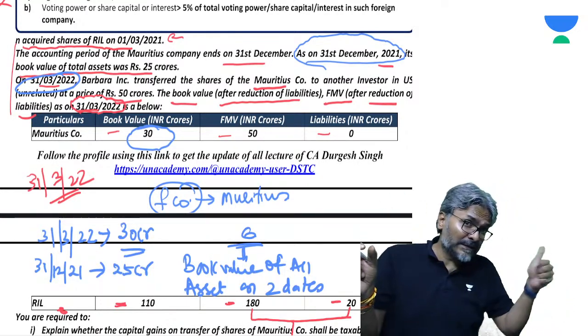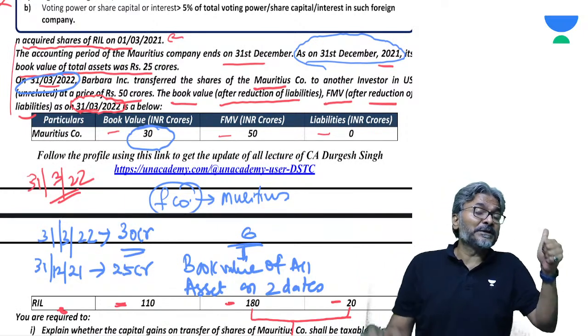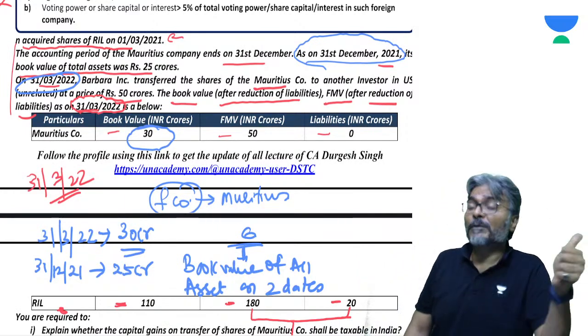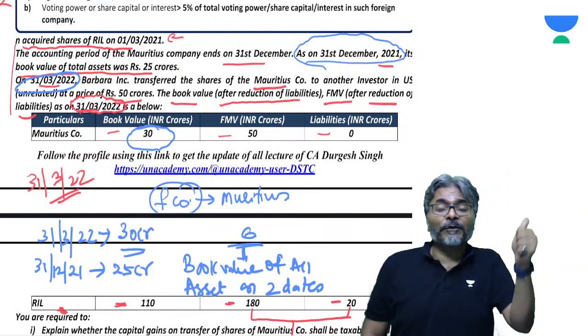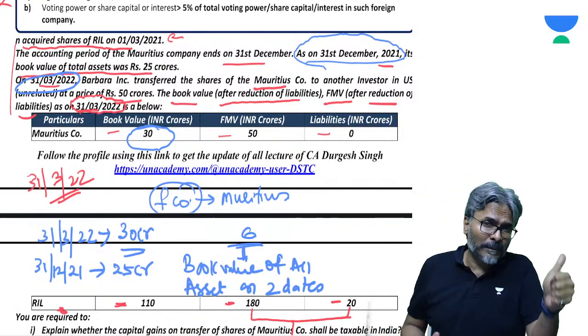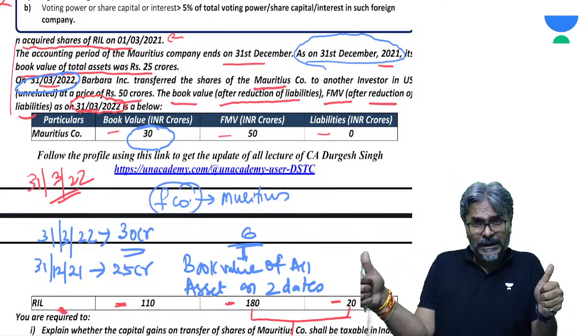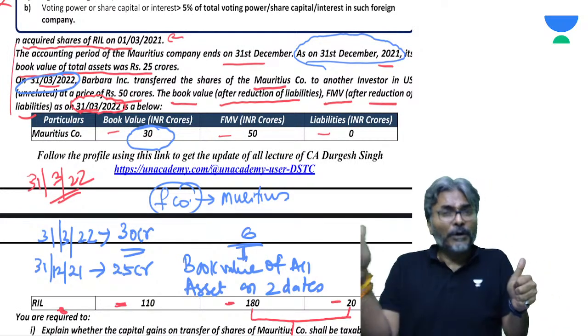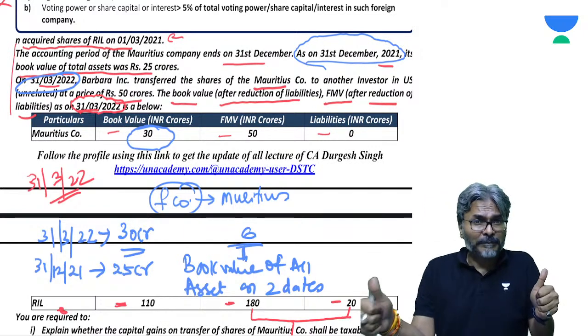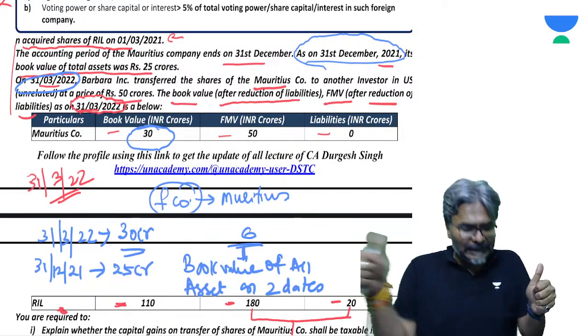On the last date of the accounting period it is 25 crores, and on the date of transfer, 31st of March, the total book value of all the assets of the Mauritius company is 30 crores.